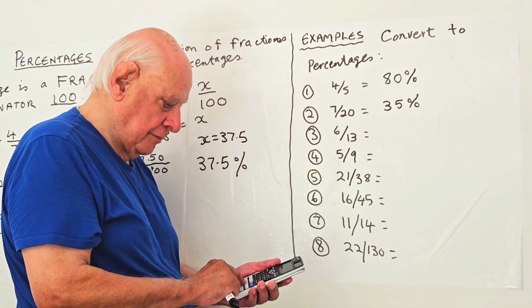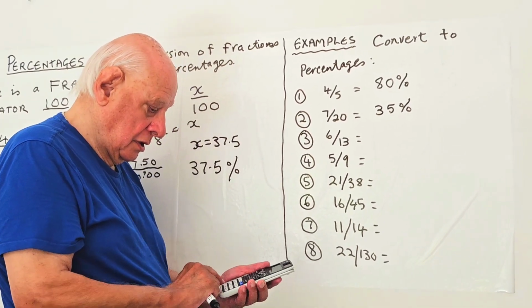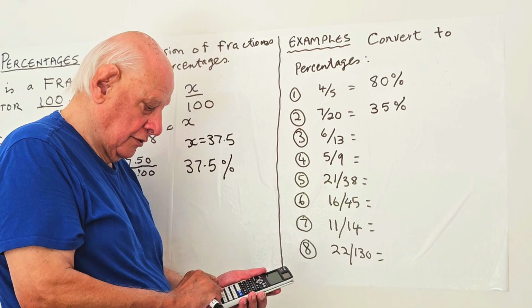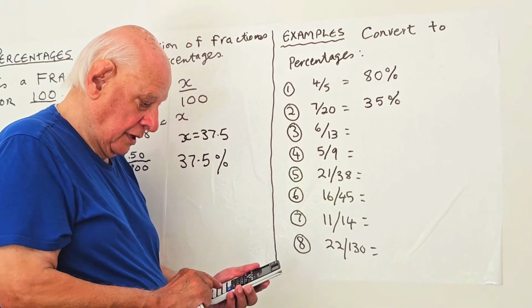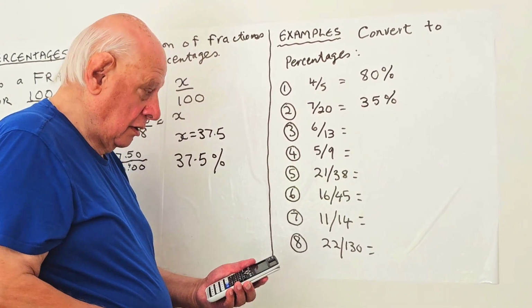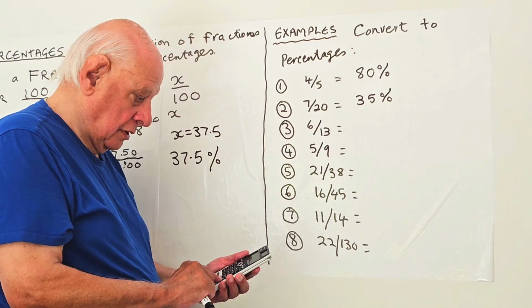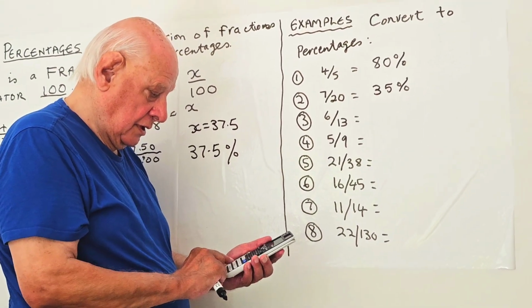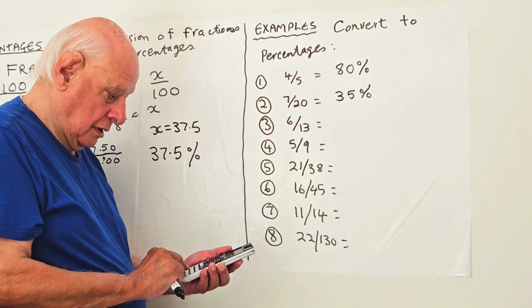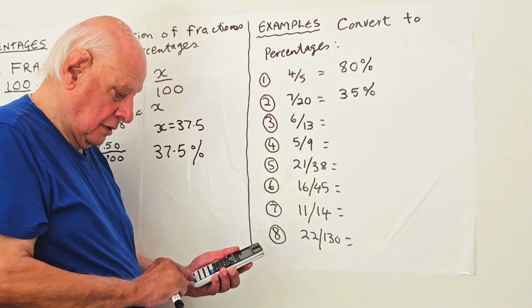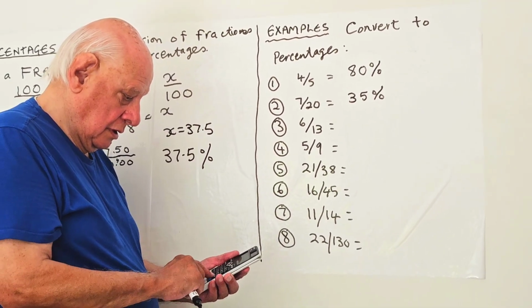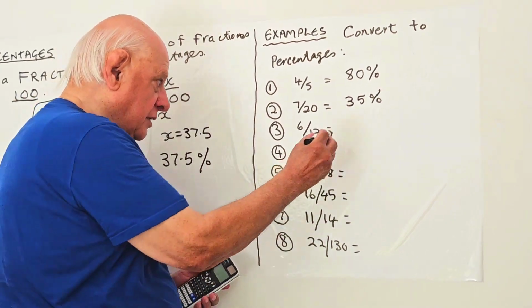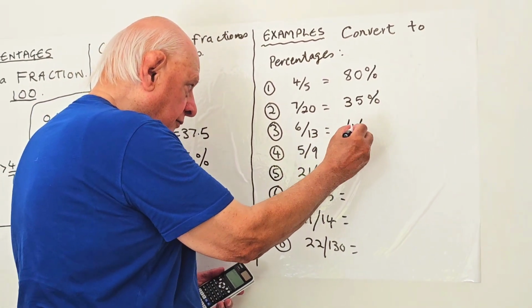So you do 6 divided by 13 and multiply the answer by 100, and we get, let me try that again, 6 divided by 13 times 100, yes, 46.15%.